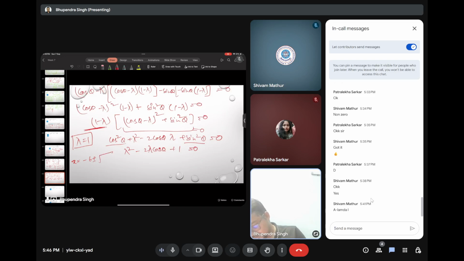Minus b plus minus root over, what is the formula? b square minus 4AC divided by 2A. So what will be the lambda? Minus b means minus, minus plus 2 cos theta, plus minus root over.